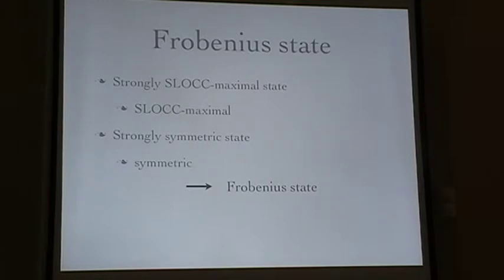In this study, a state which satisfies these 2 conditions is called a Frobenius state. In this study, we focus on SLOCC equivalent classes of these special states. To make it easy to understand, we express these states graphically.